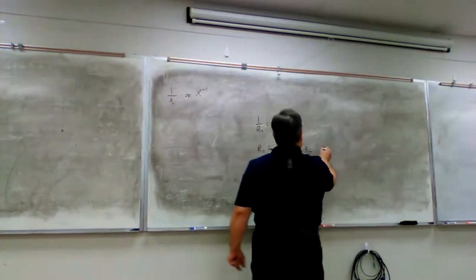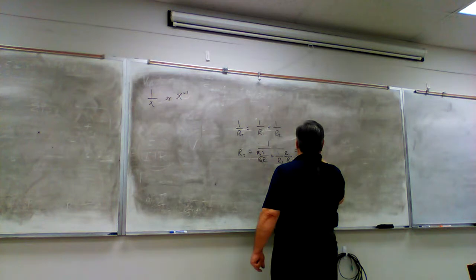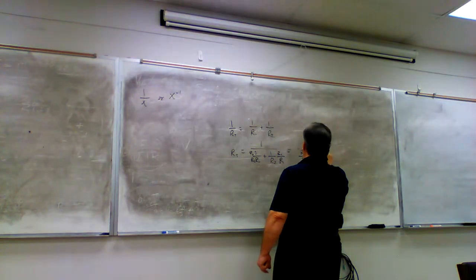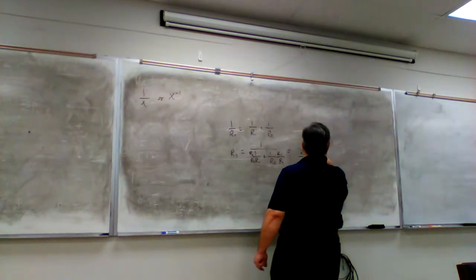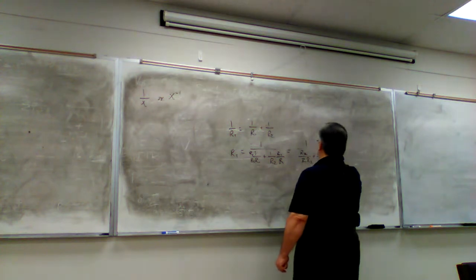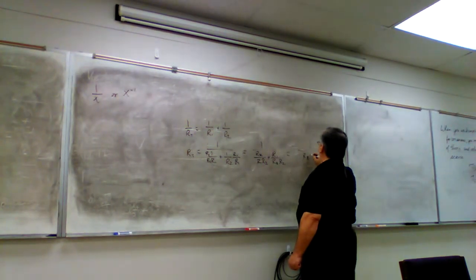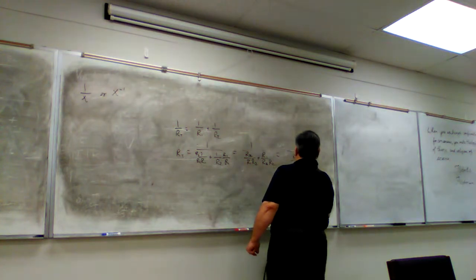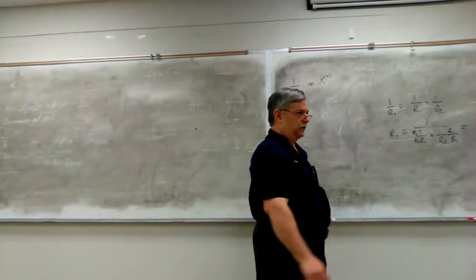So this becomes 1 over R2 plus R1 over R2 R1, which equals R2 R1 over R2 plus R1. And they probably sold you that this was a simpler way to calculate two resistors in parallel.